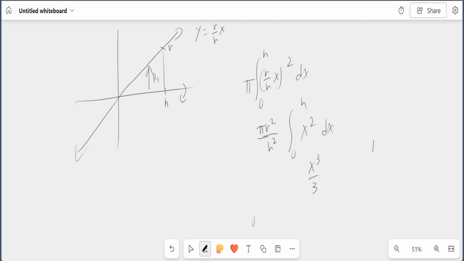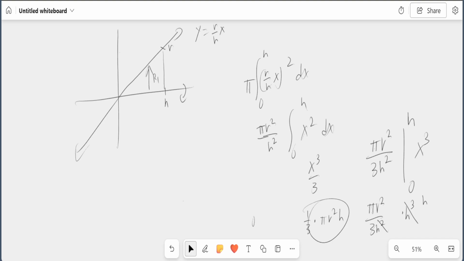So that's pi r squared over 3h squared times the definite integral from 0 to h of x cubed. So that's h cubed times pi r squared over 3h squared. That's h. So it's 1/3 pi r squared times height.